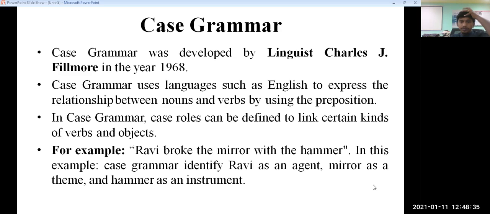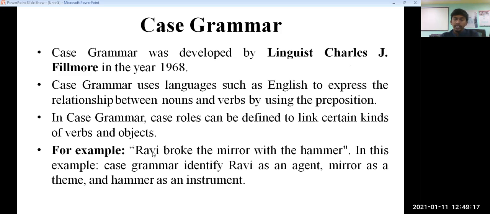In case grammar, case roles can be identified or defined to link certain kinds of verbs and objects. We will be given a sample statement as input, and from that we need to identify some semantics using automatic or machine detection. For example, here is a small sentence stating that Ravi broke the mirror with the hammer. Assume this is a sentence we are trying to make a machine understand. In this example, case grammar identifies Ravi as a person or agent, a person who is trying to do some task.